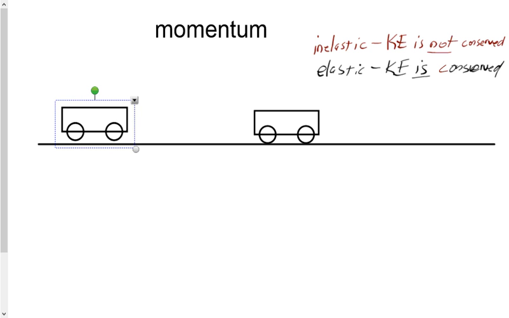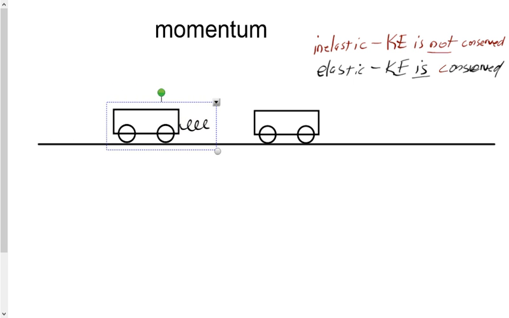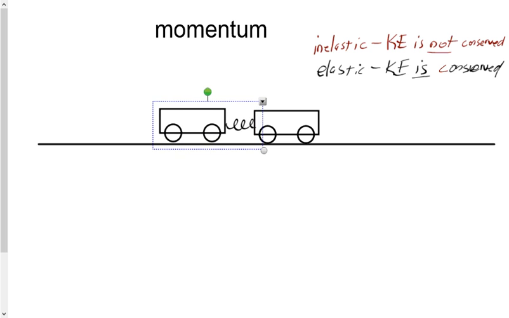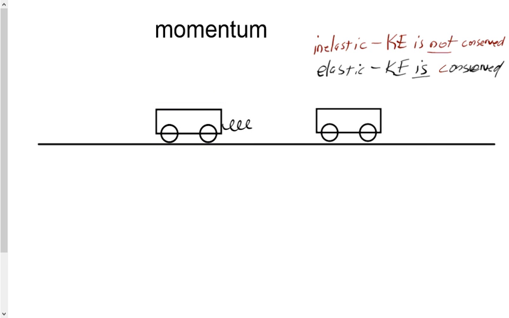A good example perhaps would be if there was some sort of spring at the end of this cart. So let's attach those two together. If this object comes in and hits the second, and they are the same mass, then the first one will stop and the second one will continue at the same velocity that the first one was moving at. They bounce off of each other.